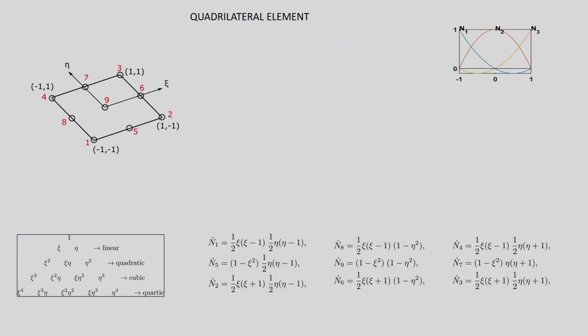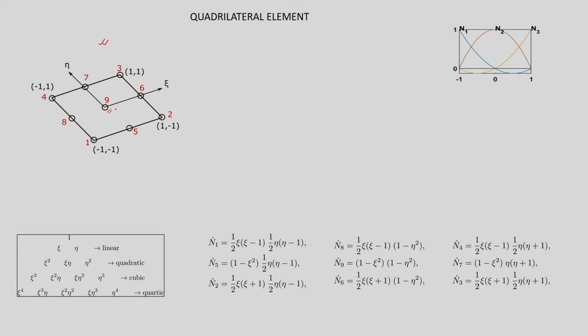So, here I have shown a quadrilateral element in isometric view, where the 9 nodes are shown with black circles. In addition to the vertices, we have used the mid side points as the nodes, and we have one new node at the middle of the element, that is node 9.